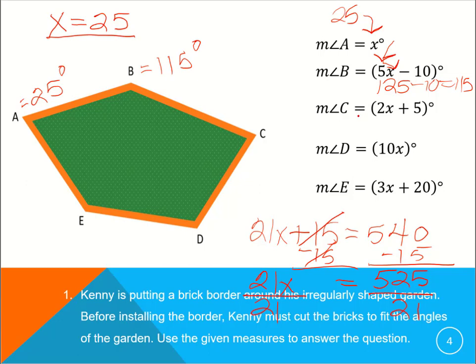Keep going. Plug in 25 here. 25 times 2 is 50. 50 plus 5 is 55. The measure of angle C is 55 degrees.